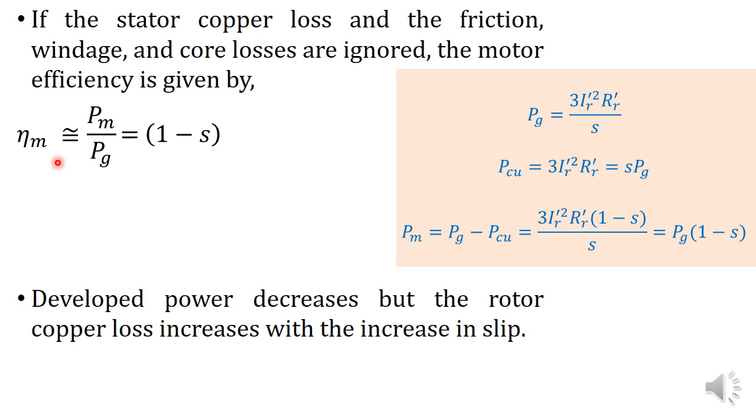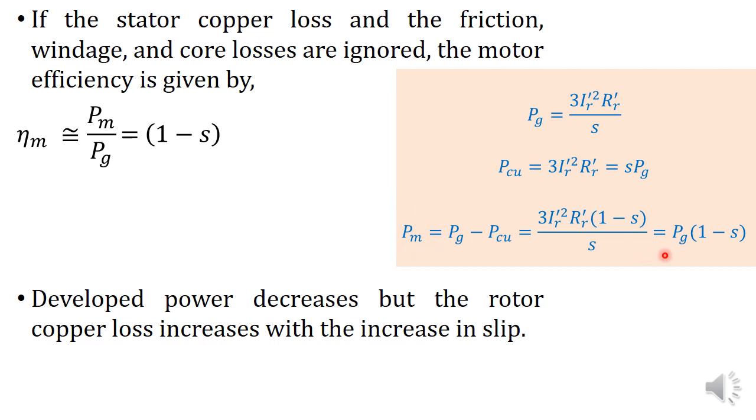First one is the developed power decreases but the rotor copper loss increases with increase in slip. How? The developed power decreases with slip. Developed power is PM.